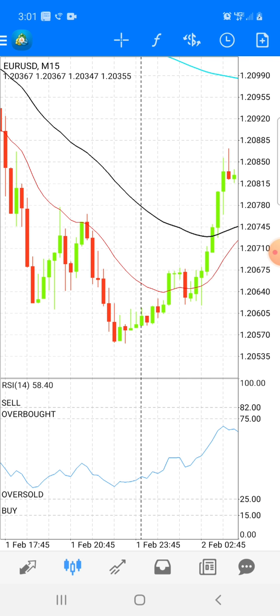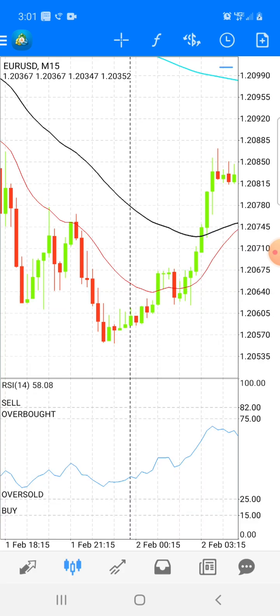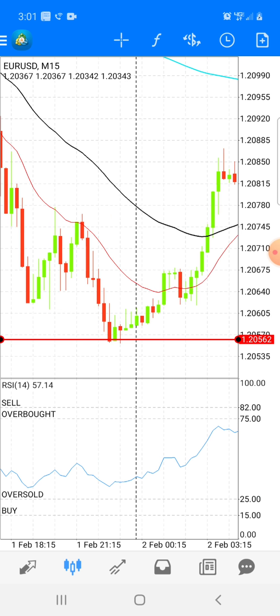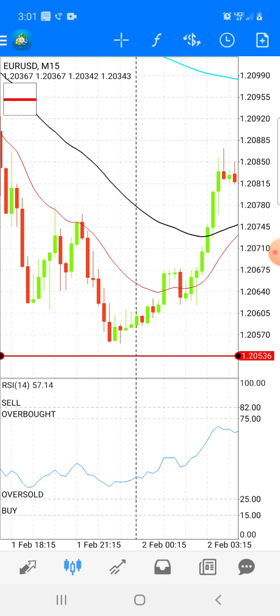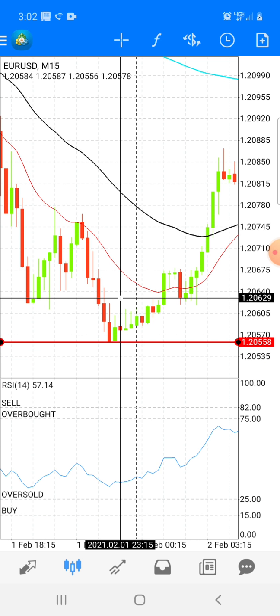So that's why if I have a support level, let me get my shape. If I do a support level here, you see how that wick is touching out just a little bit? I would do 5 to 10 pips under.